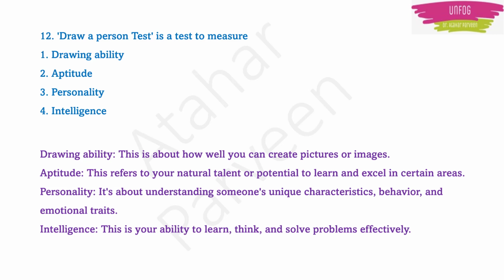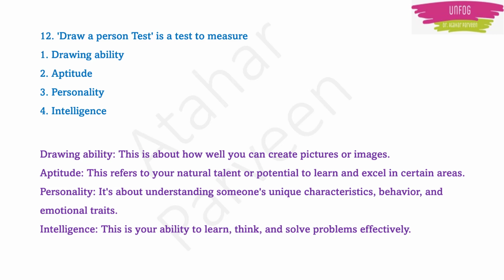What about aptitude? Aptitude is our natural talent or potential to learn and excel in different areas. What about personality? It is about understanding someone's unique characteristics, behavior and emotional traits.